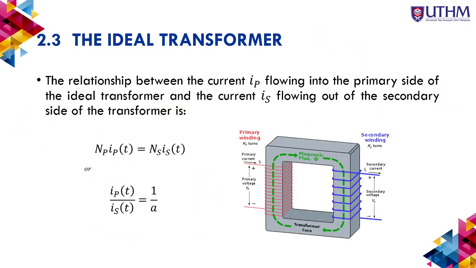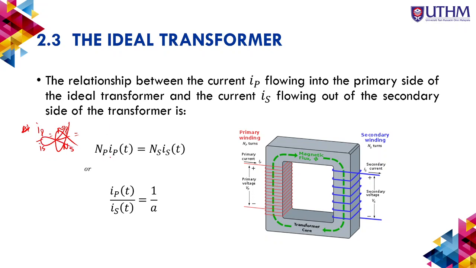So this is the relationship between the current Ip flowing into the primary side and the current Is flowing out of the secondary. From here we cannot directly write Ip over Is equal to Np over Ns. It's not like this. Okay, this is wrong. We need to start from here.